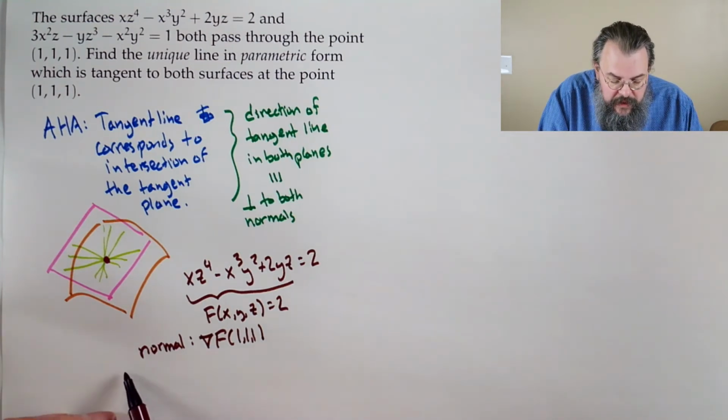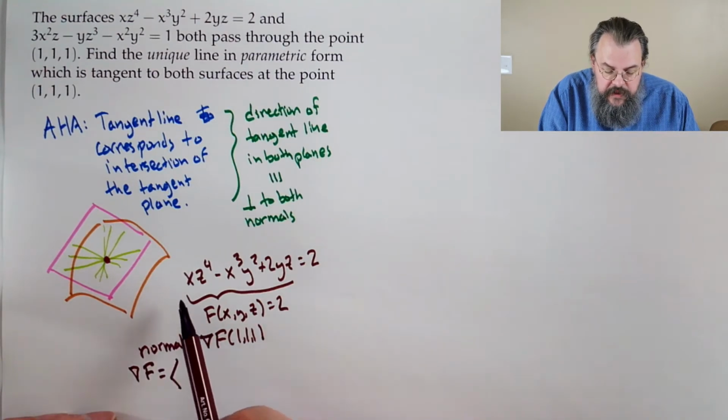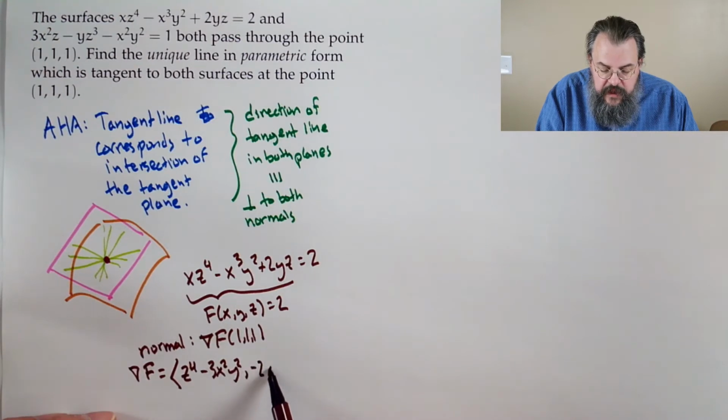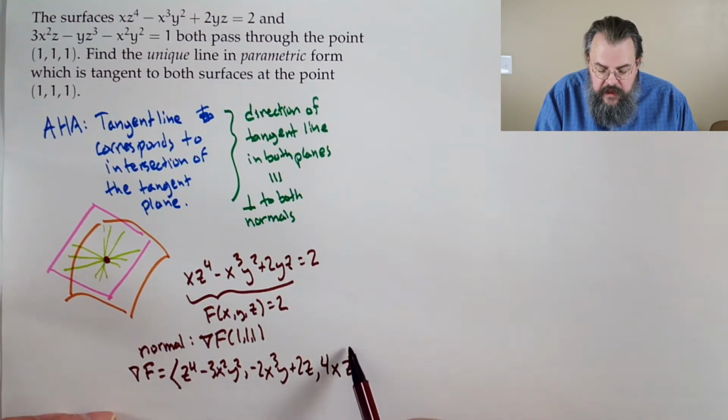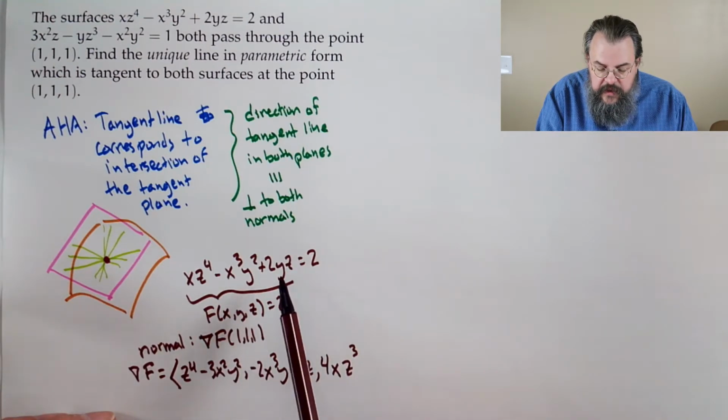So our gradient of f is, take the derivative first with respect to x: z to the fourth minus 3x squared y squared, comma, derivative with respect to y: minus 2x cubed y plus 2z, comma, and derivative with respect to z: 4x z cubed plus 2y.